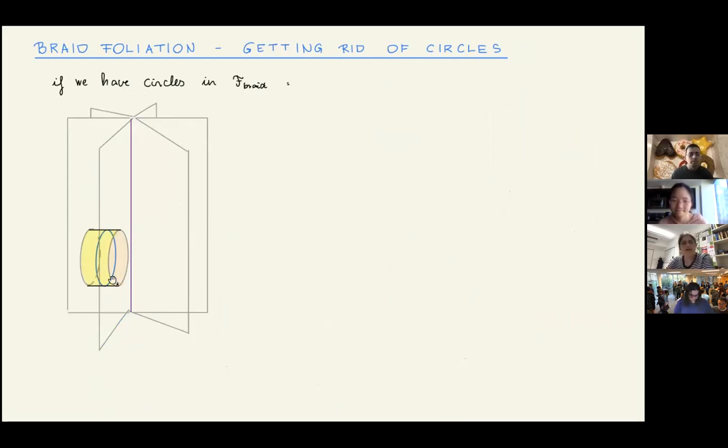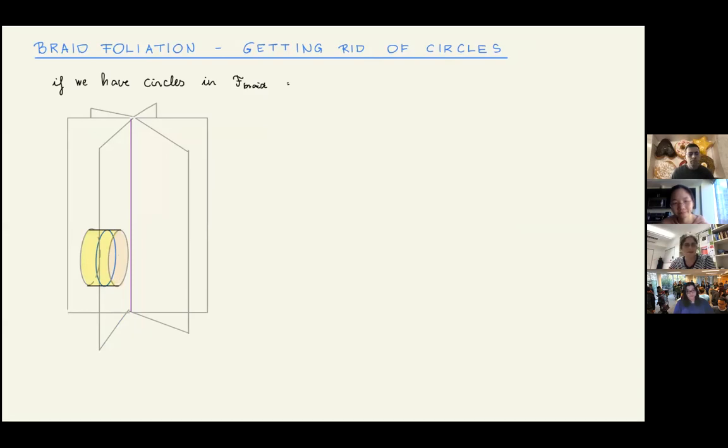So imagine that you have a circle in your foliation. That just means that there is an intersection of these half planes with your surface, which gives you a circle. So locally, it looks like that.